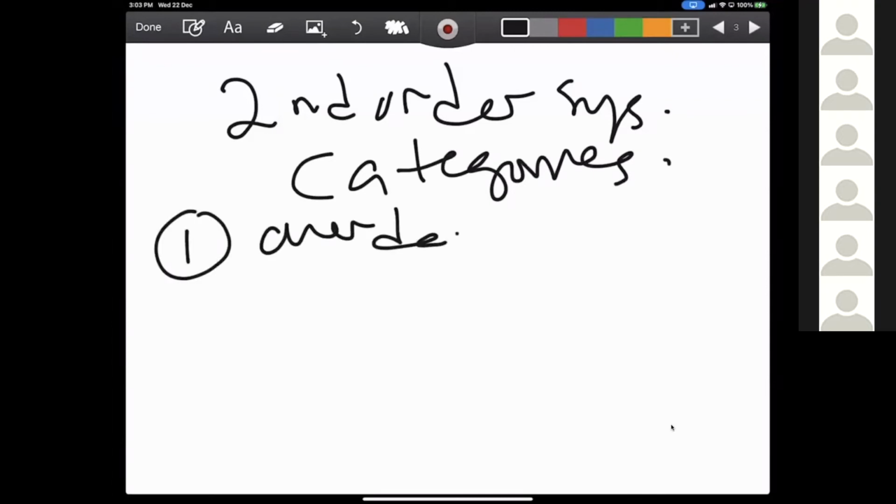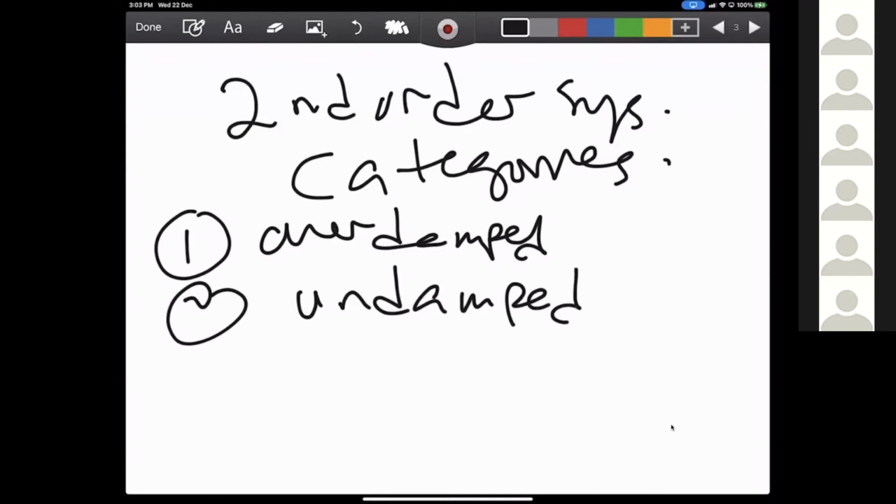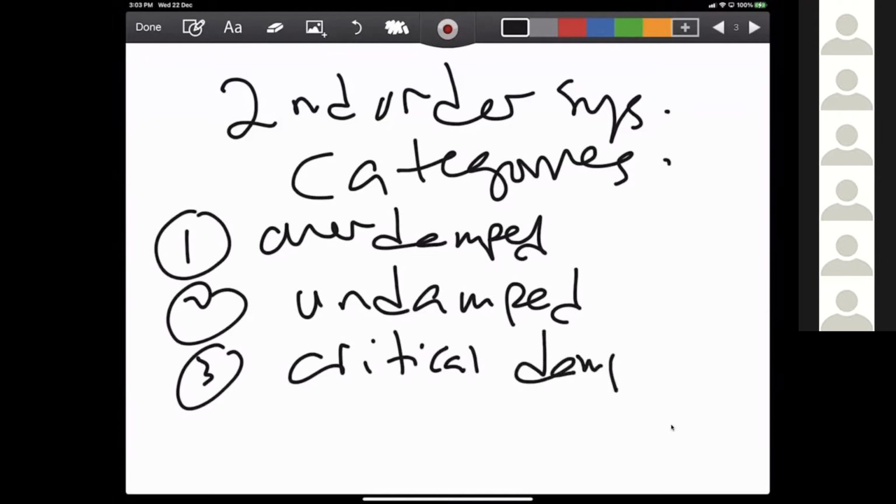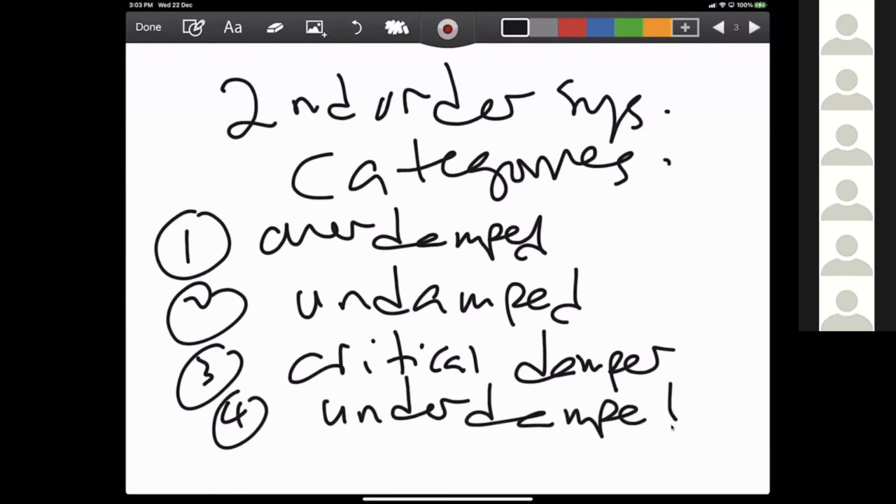Over damped, and under damped, critically damped, undamped, and number 5 is negative damped.